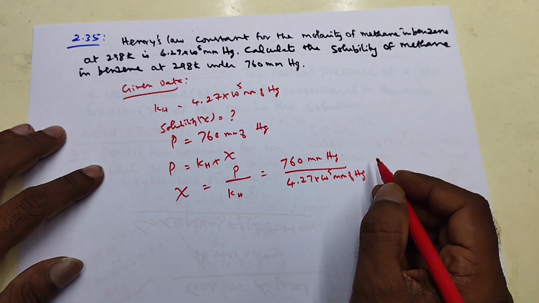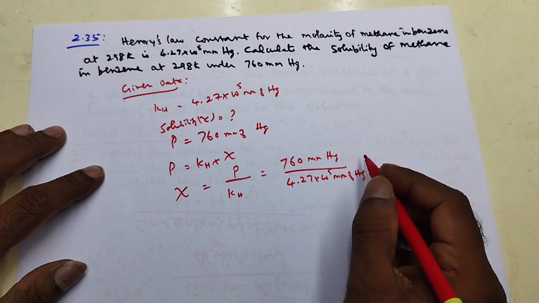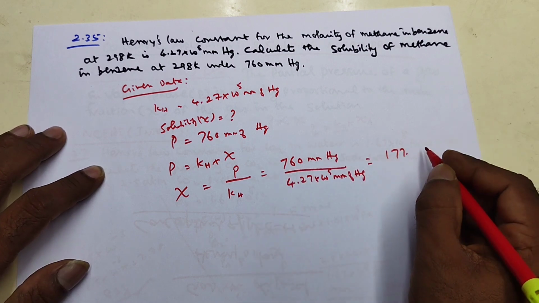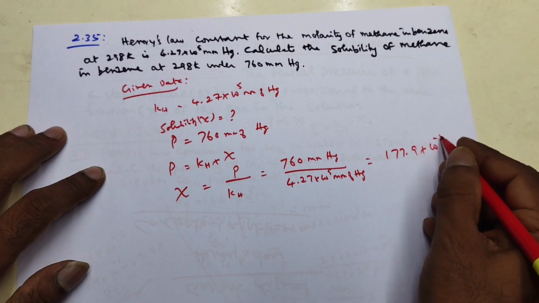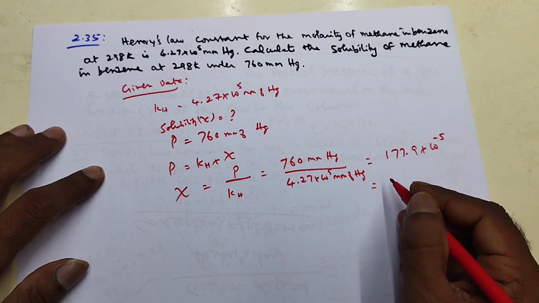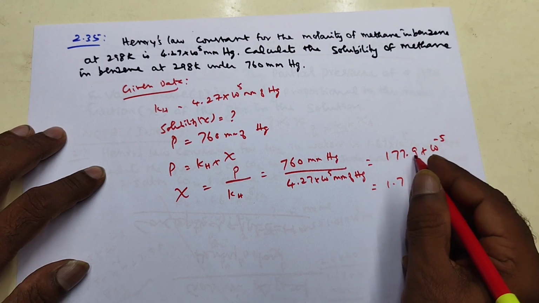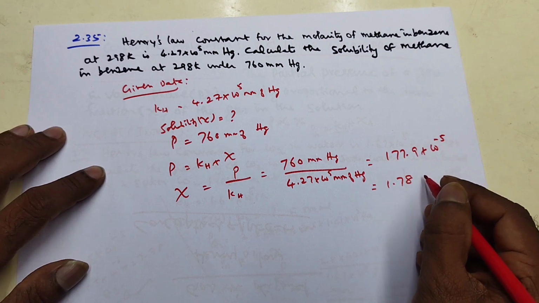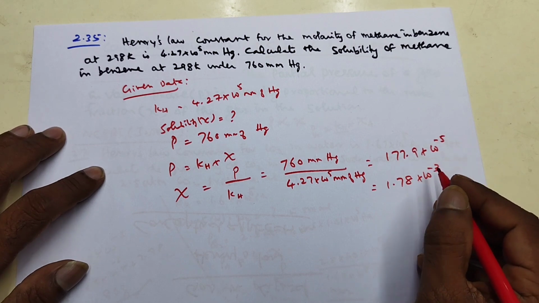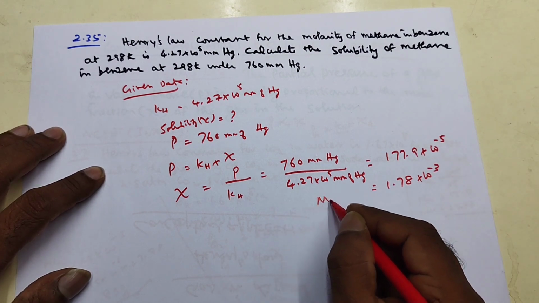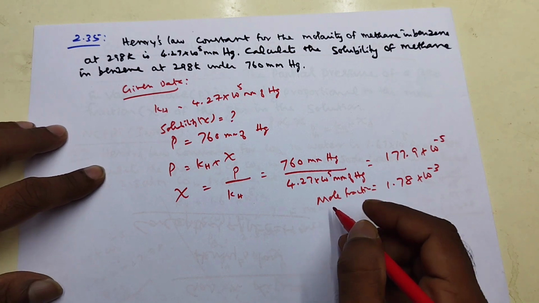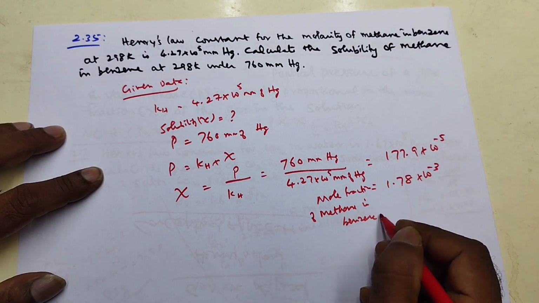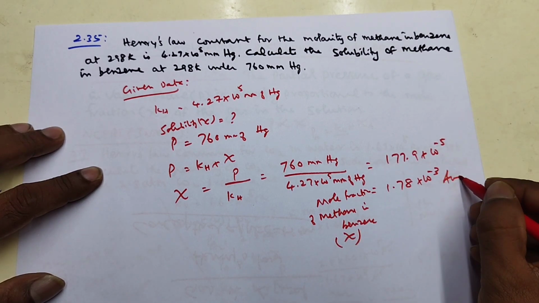If we cancel these two things, when the 10^5 comes up, it will be 10^-5. We get 177.9 × 10^-5. Expressing in scientific notation, as the digit 7 is more than 5, we round it to 1.78 × 10^-3. So this is the answer: the mole fraction of methane in benzene. That's the answer for this one.